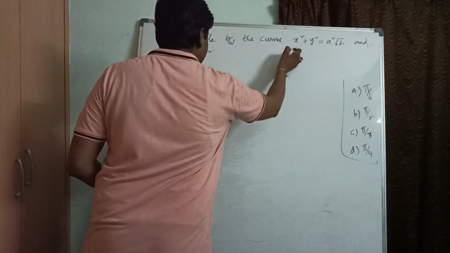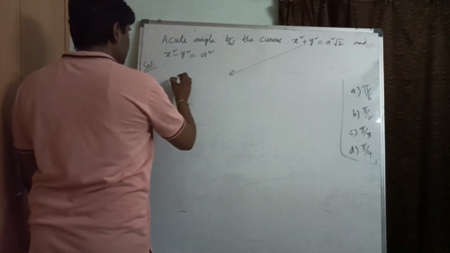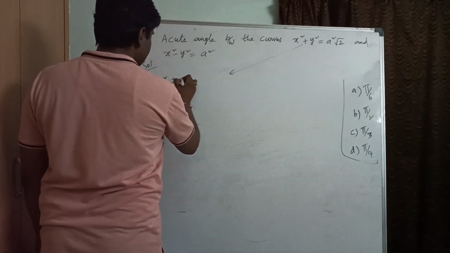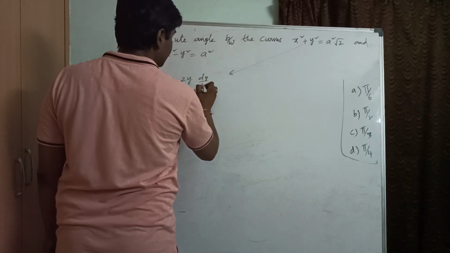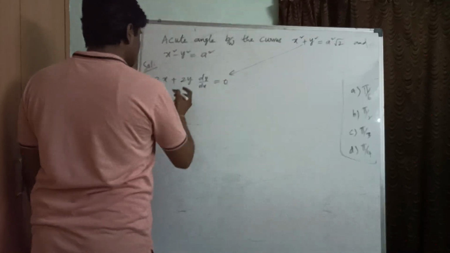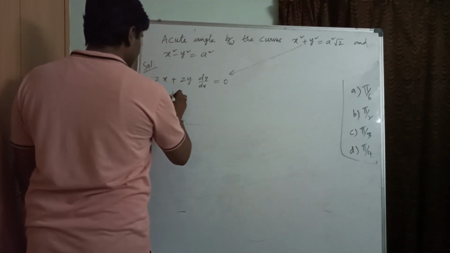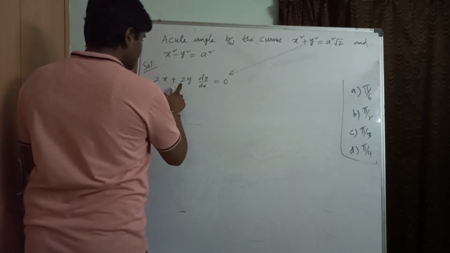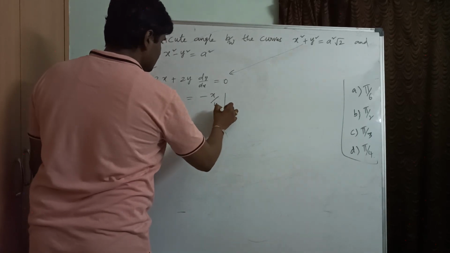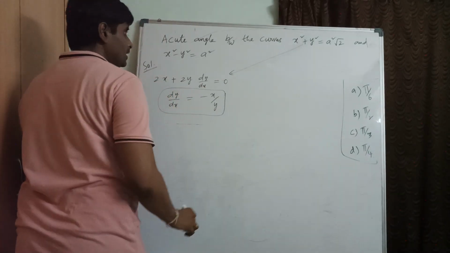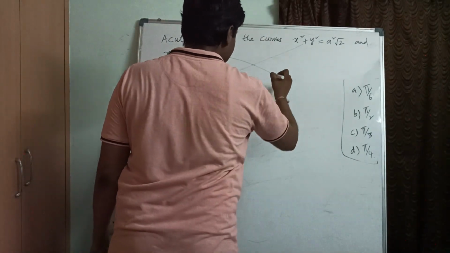So first of all, let me differentiate this one. 2x plus 2y dy by dx equals 0. So from this, what will you get? Dy by dx, the 2 is a common cancel, so minus x by y. Hope you can understand, right? Now simply differentiate this one.